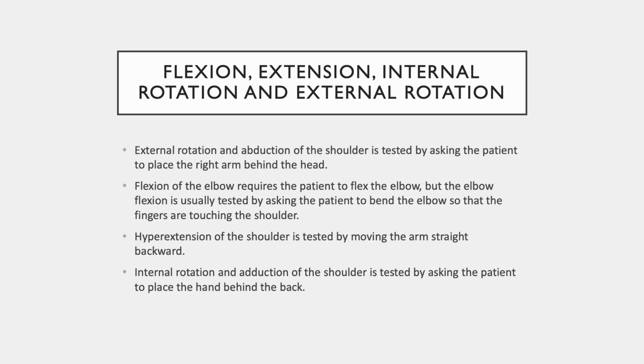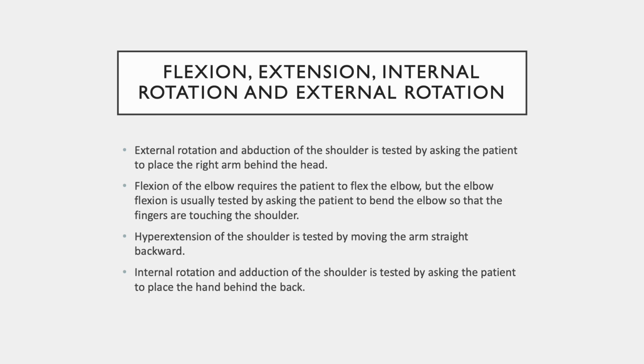All right, so I wanted this final to be heavily focused on assessment because that's what we have been doing the last couple of weeks, is assessing people. So I need for you to know flexion, extension, internal rotation, external rotation, what that looks like. So external rotation and abduction of the shoulder is going to be tested by asking the patient to put your right arm behind the head.